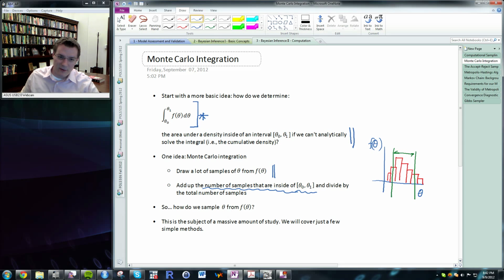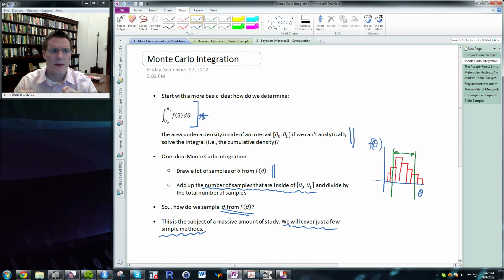How to sample out of a distribution is really, really complicated. We're only going to scratch the surface. Even in today's whole lecture, we're going to talk mostly about this topic and still just scratch the surface in what's going on. We're just going to cover a very few simple methods that are going to be the most commonly used methods that you'll use as a Bayesian statistician.